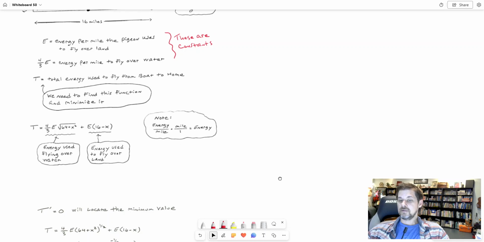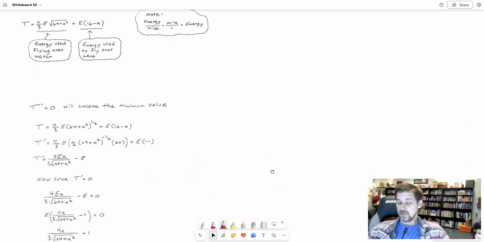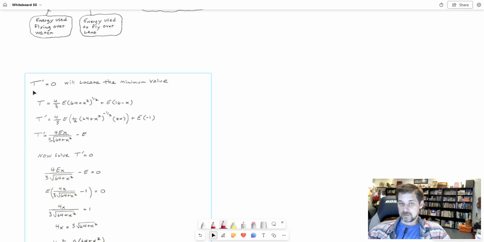Well, one thing that we've been learning is that if you have any function and you find its derivative and you solve it for 0, you'll get the minimum or maximum, whichever one you're looking for. In this case, we're looking for the minimum. So I rewrote t. I rewrote the root as an exponent of 1/2.